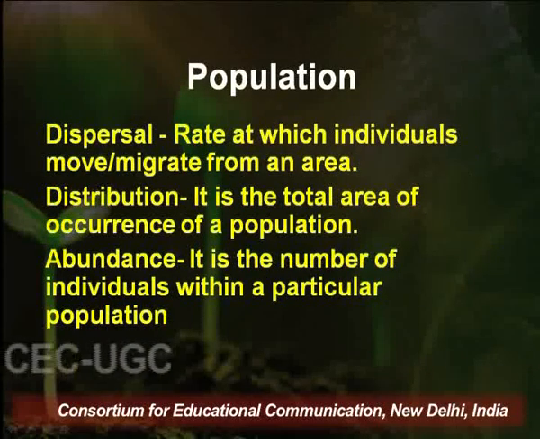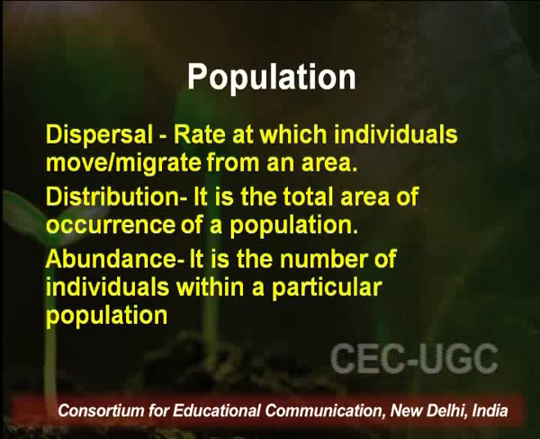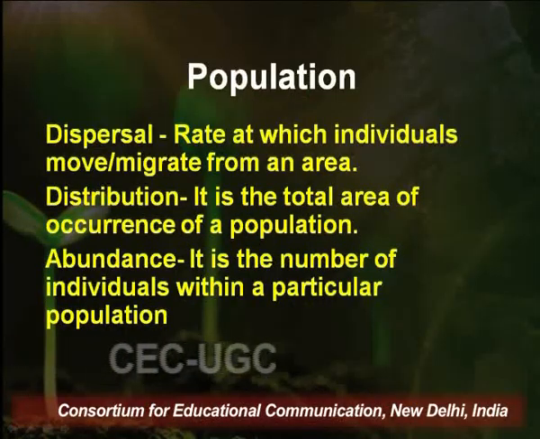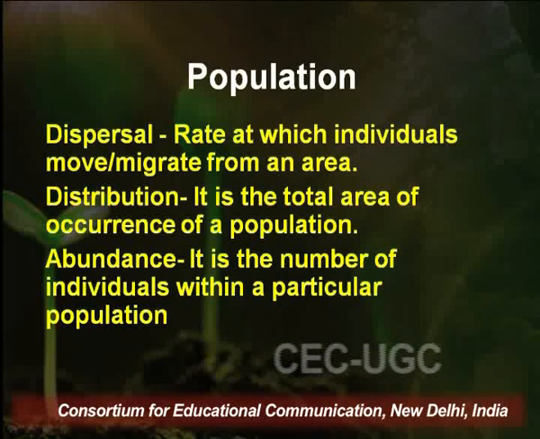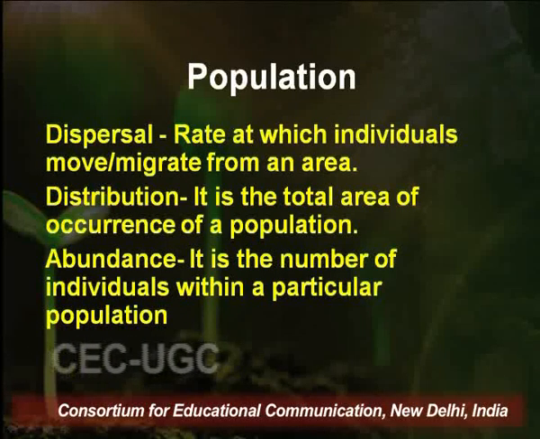The dispersal of a population is the rate at which individuals move or migrate from an area. Distribution is the total area of occurrence of a population, how well it is distributed in the area. So, the total area of occurrence tells us about the distribution of a population.